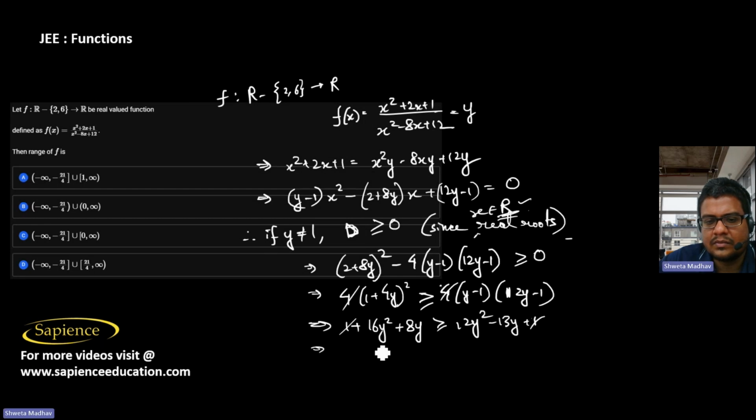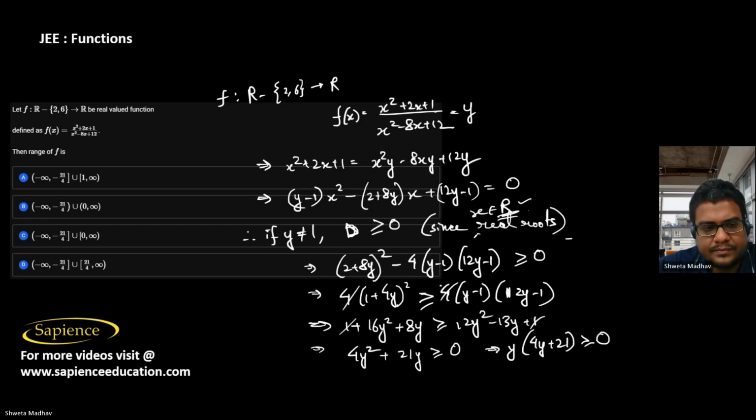Then we will say this will be 4y square plus 13 plus 8, that is 21y, that is greater than or equal to 0. So therefore I can say y into (4y plus 21) should be greater than or equal to 0, and y should not be equal to 1.